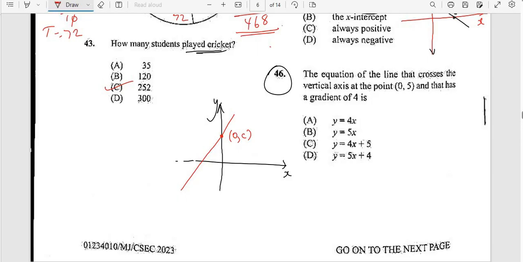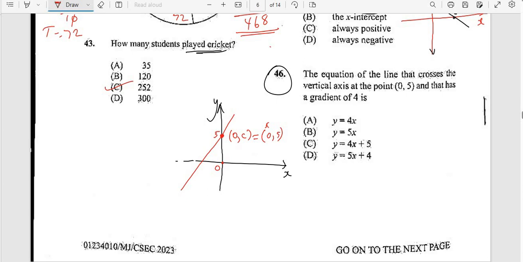We're told that this is really the point 0,5. So 0 means on the x-axis it's at 0, that's the origin, and the y value of this point is 5.